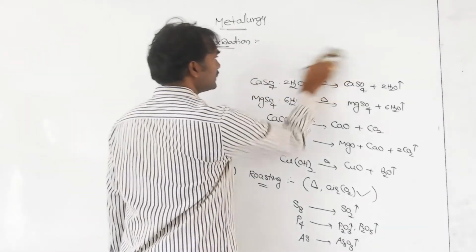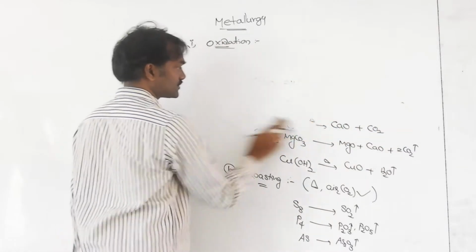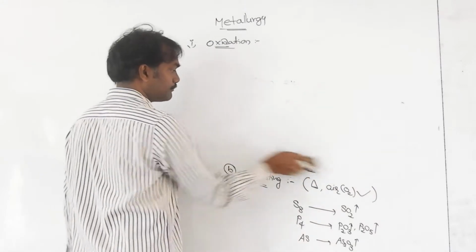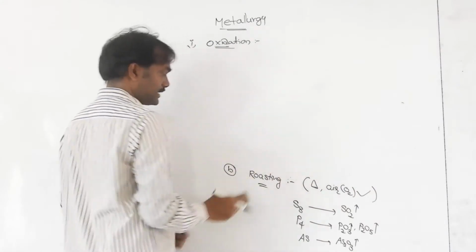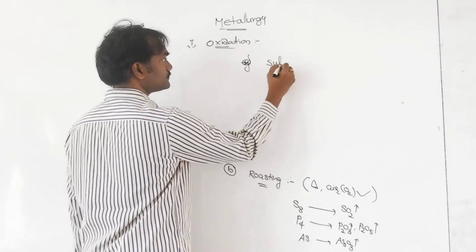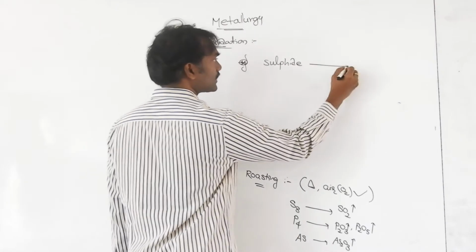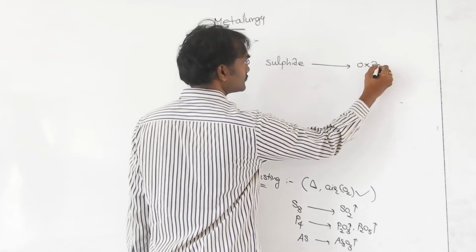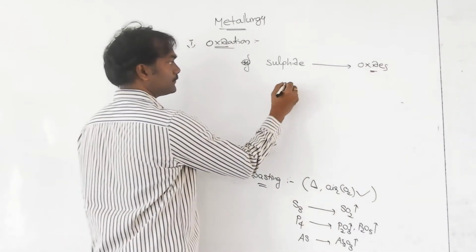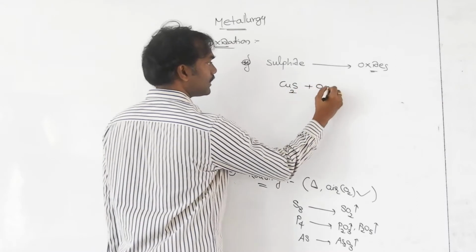Next, other than this, mainly the sulfide ores. Here the main important process is roasting, for the sulfide ores. Sulfide compounds are converted into oxides. So this is very important. You take Cu2S heated with oxygen.